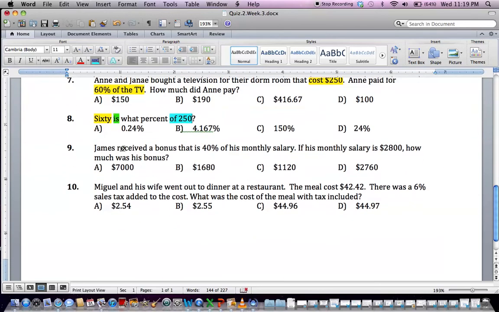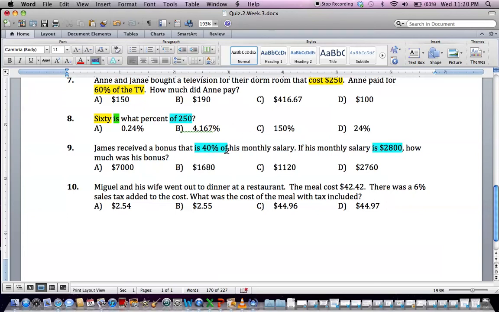Number 9. James received a bonus that is 40% of his monthly salary. If his monthly salary is $2,800, how much money was his bonus? It says 40% of his monthly salary. Remember what of means.